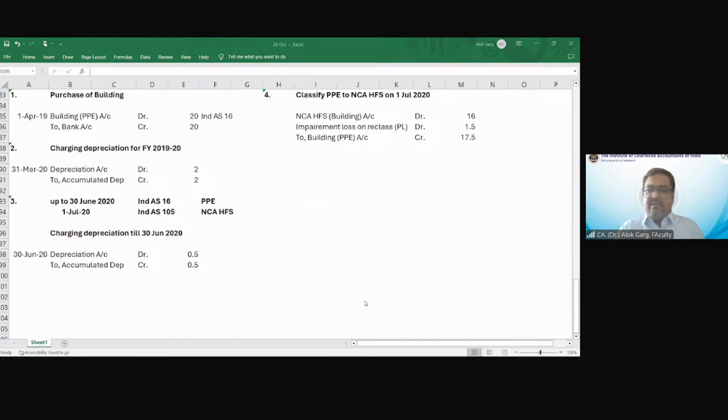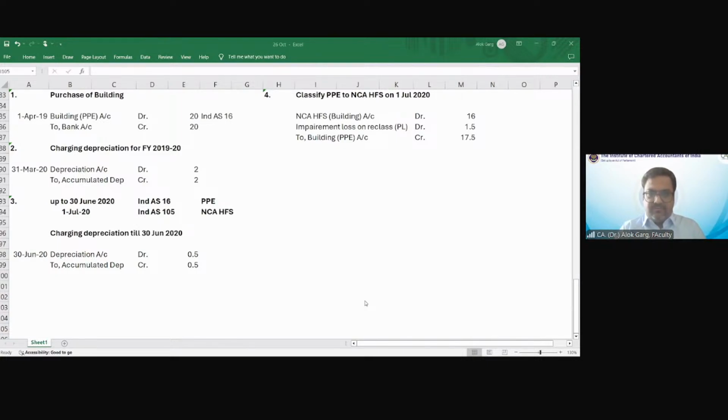Anyone else, if you have any question? और कोई question? Sir, this treatment is the same irrespective of whether it's a cost model or a revaluation model. Except certain terms, I agree, but otherwise it's the same.